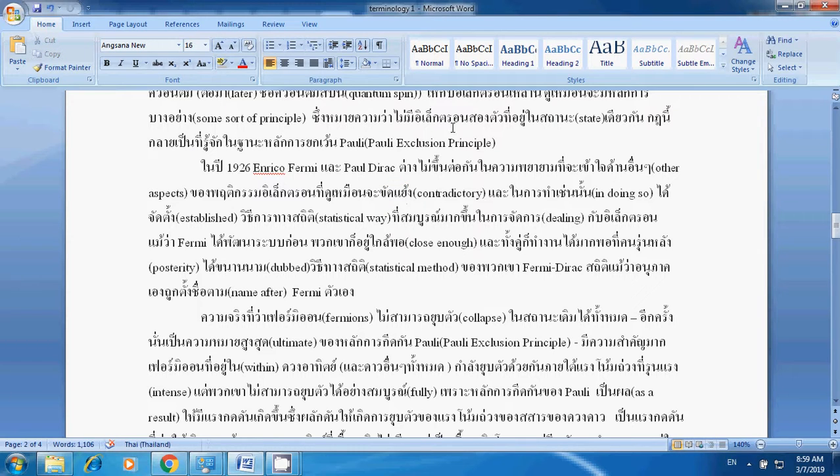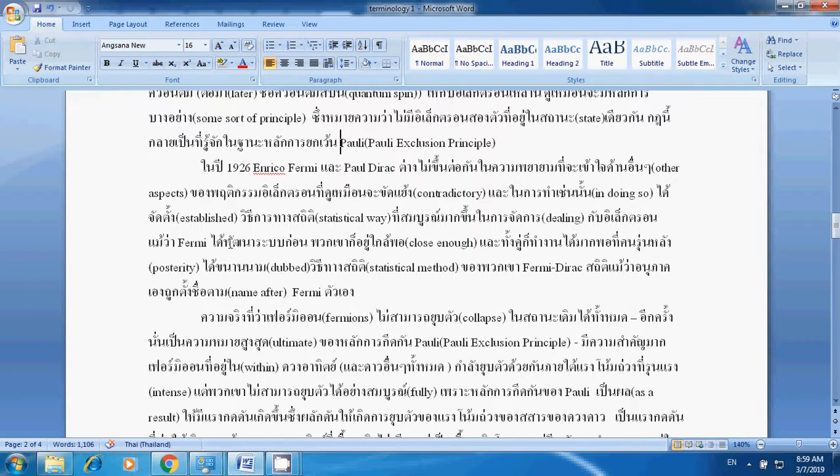In doing so, they attributed a more complete statistical way of dealing with electrons.